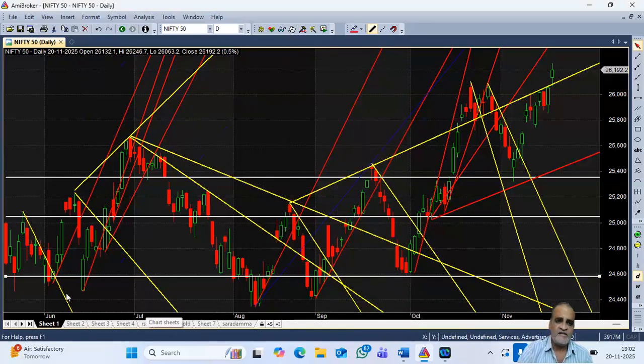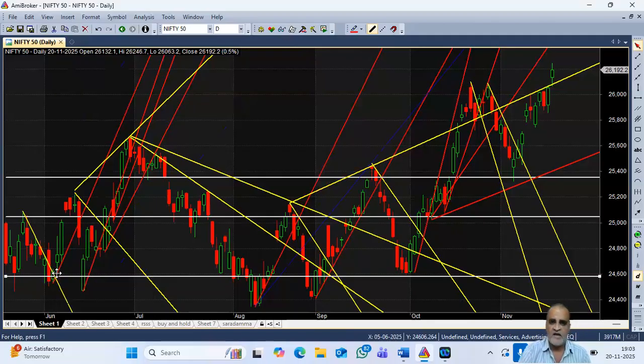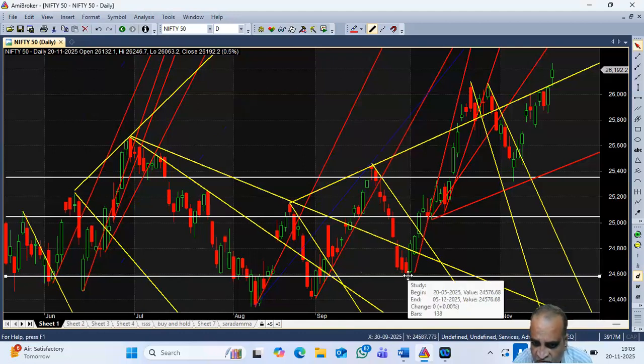Now, when this crossing took place here, we do not know what will happen at this place or this place or this place. No way to know. This took place on what date? If we observe, this took place on 4th June 2025, and if you continue towards the right to see what happens in future, it was on 29/9/25.